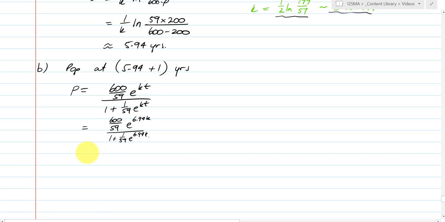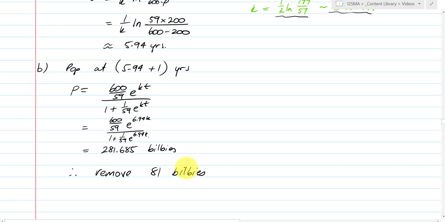And when I put all that into the calculator, I get a population after 1 year from the time it's 200 of 281.685 bilbies. Now, that means, therefore, that I can remove 81 bilbies from the population each year without affecting the population growth or allowing the population to decline.